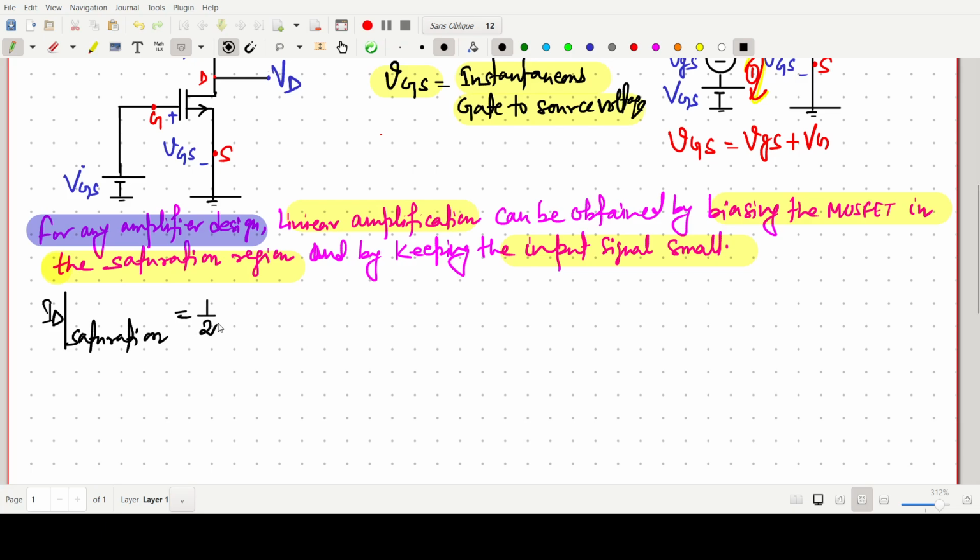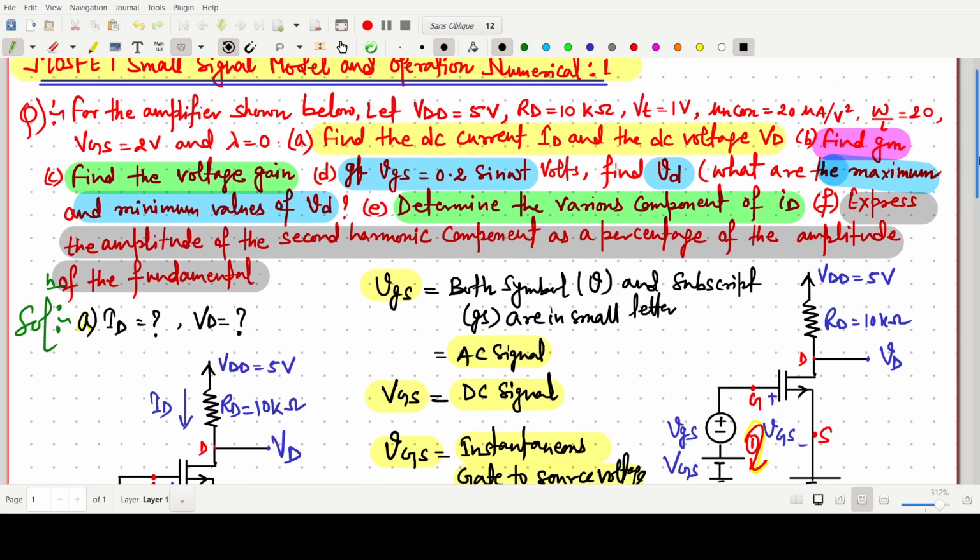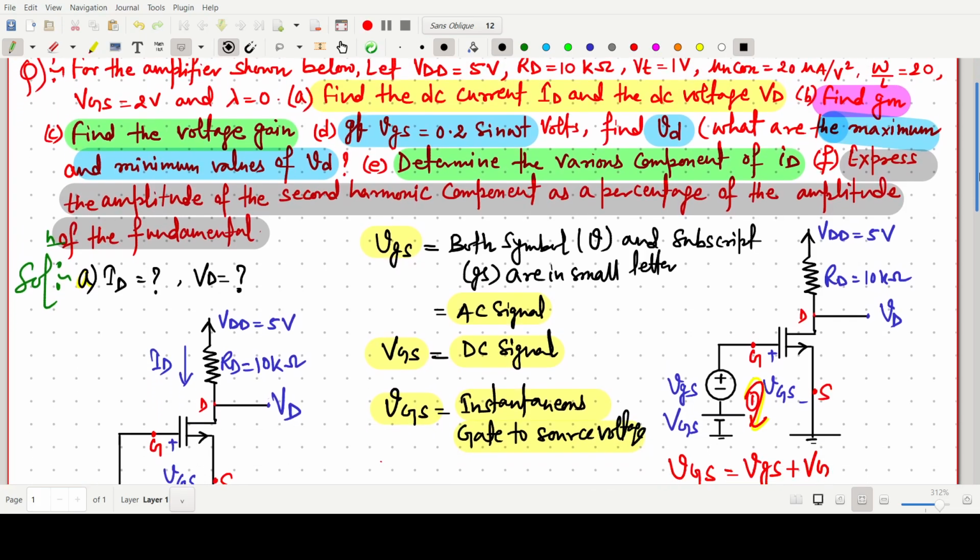We know the formula: ID = 1 by 2 mu n COX W by L (VGS minus VT) whole square. mu n COX is given as 20 microampere per volt square.